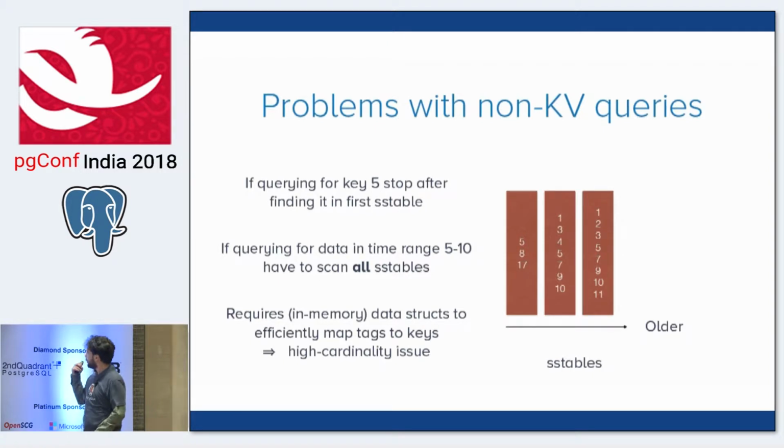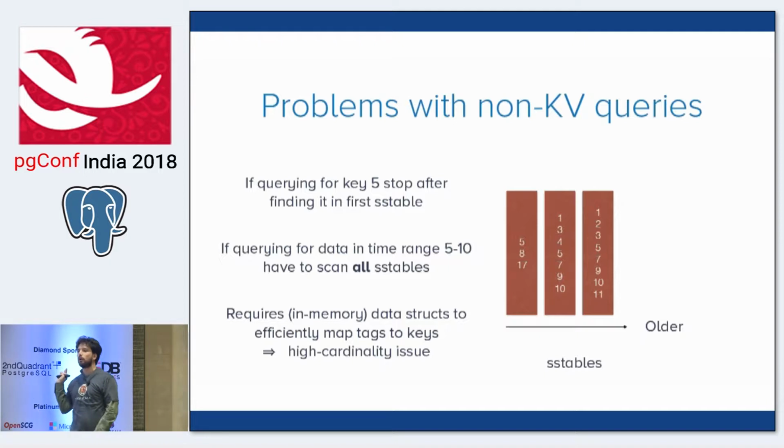However, this works well with a key value store, because the logic in a key value store is you have a key, say the number 5. You start looking at the newer SS tables, searching for the number 5. Once you find it, you are done, because you can stop your search.